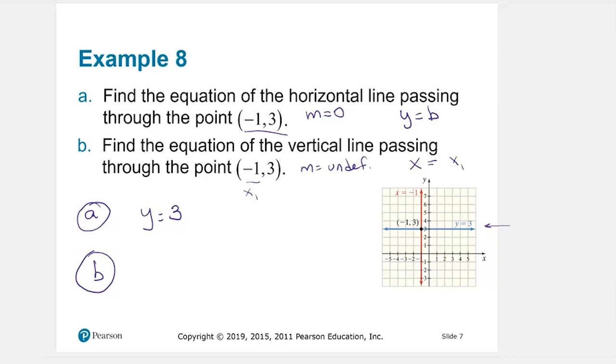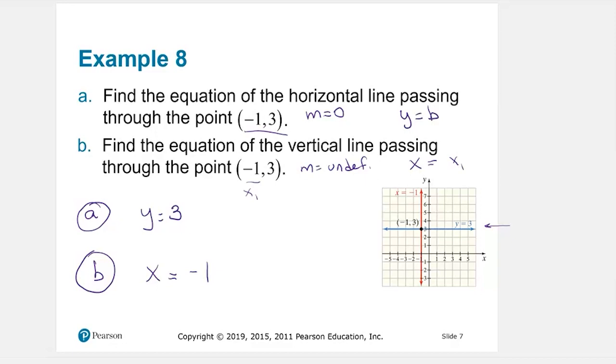So here, if I want to know what the vertical line looks like, vertical lines are always x equals, because it's going through every value of x that's the same, and we just use the value that's there, which is -1. Because if it's going through (-1, 3), which is the point where they both are touching, so the blue line and the red line are both intersecting at (-1, 3).